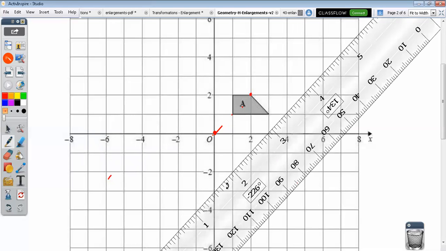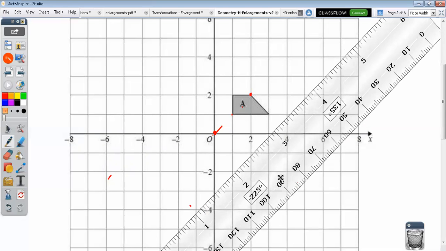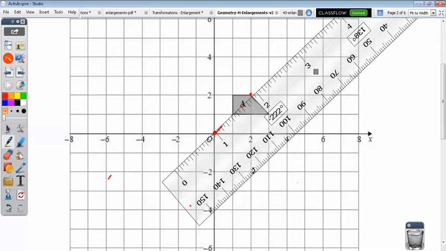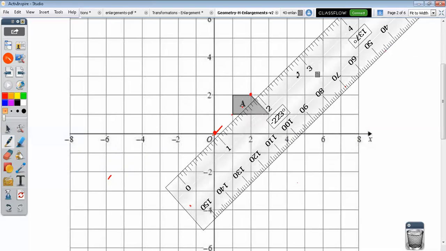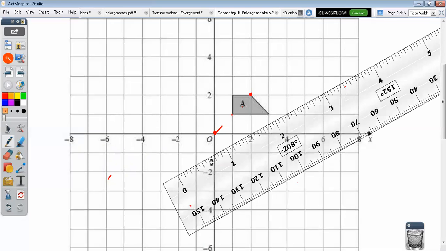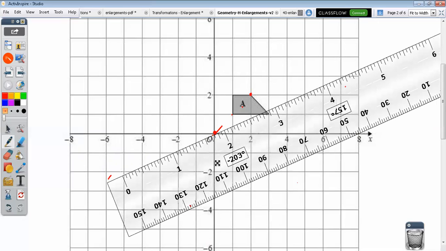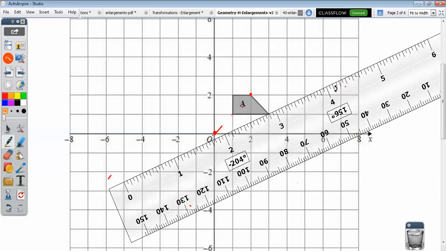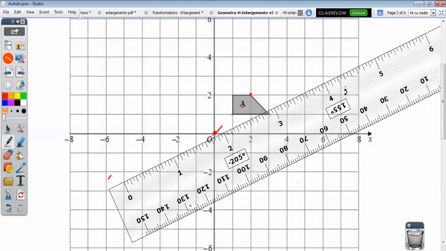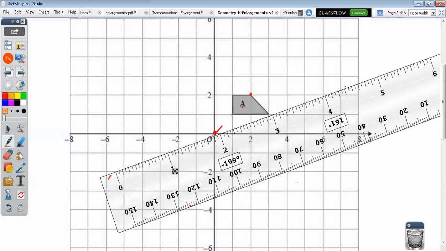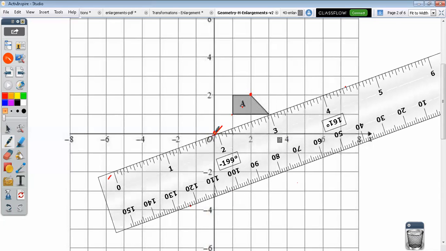Okay, you now get this. So now look at this. Follow my ruler.